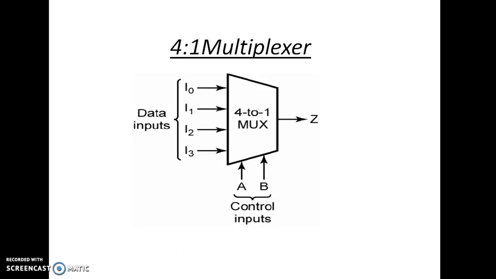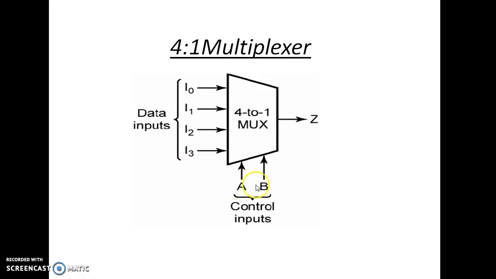Next is the 4:1 multiplexer. This is the general description of a 4:1 multiplexer. 4:1 multiplexer will have 4 inputs, 1 output, and selection lines are 2. When selection lines are 2, 2 raised to 2 is 4. 4 inputs and 1 output.